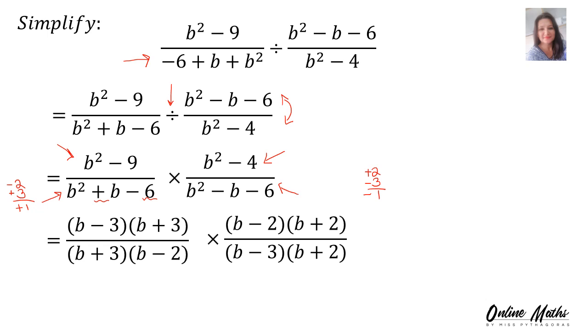And now you can say, b minus 3 goes in itself once. B plus 3 will cancel with b plus 3. B minus 2 can cancel with b minus 2 over there. And even here, b plus 2 cancels with b plus 2. Therefore, I'm left with on top 1 times 1 is 1 over 1 times 1 times 1 is 1. The answer, 1.